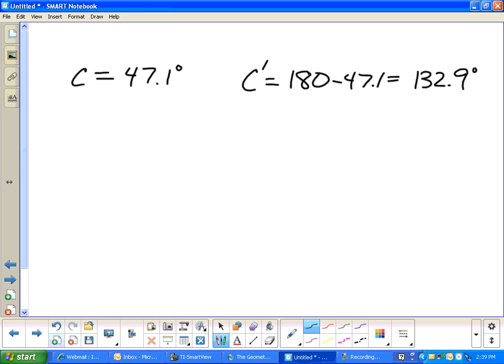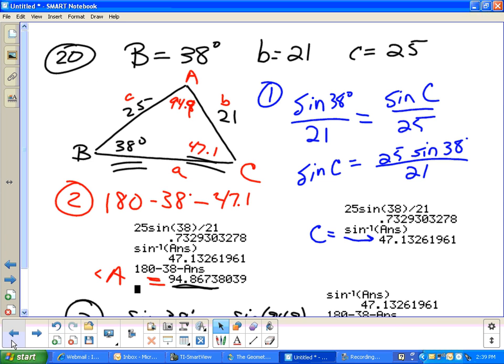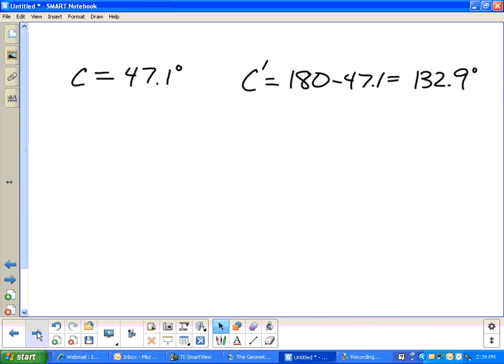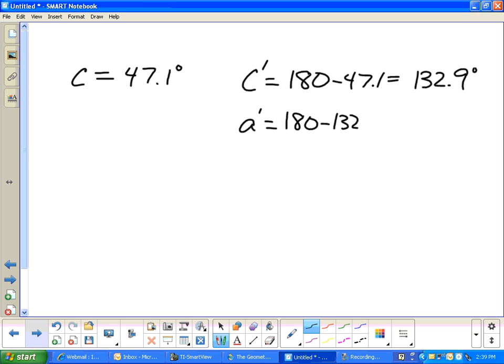Now, if angle C is that, then angle A becomes 180 minus 132.9 minus 38 degrees, which is about 9.1 degrees.